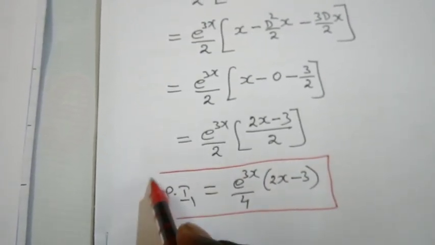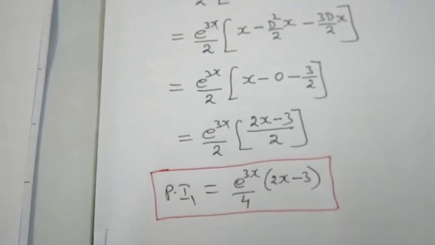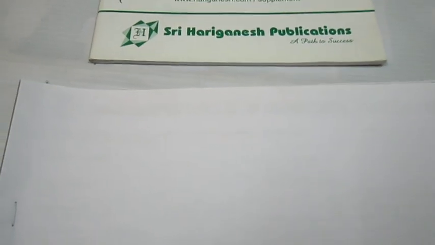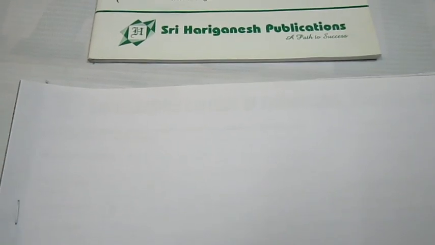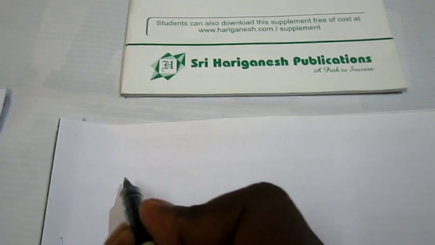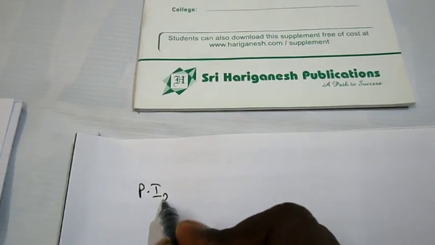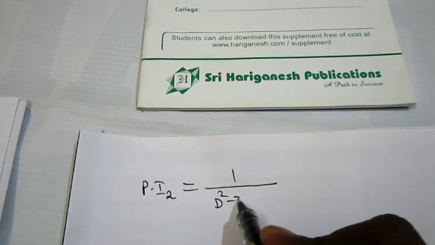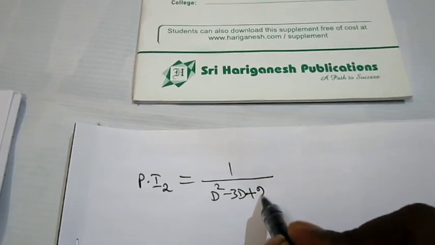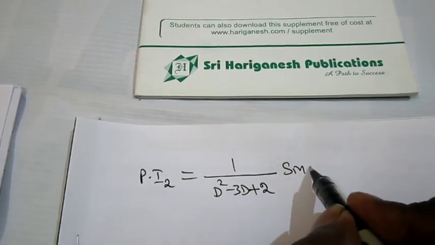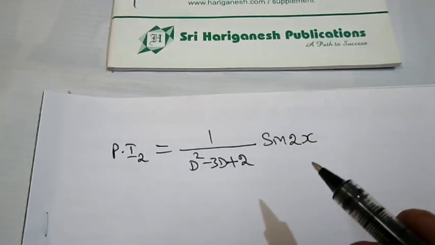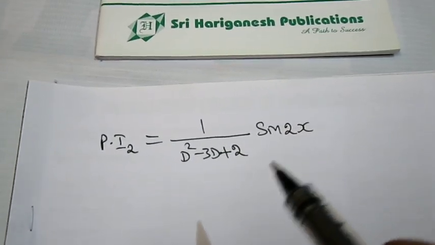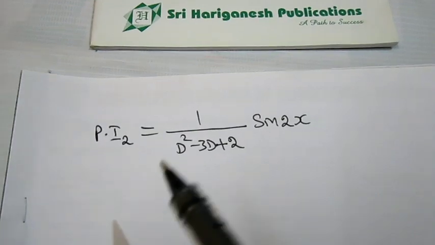So next I am going to find out particular integral 2. So PI 2 is equal to 1 by d² minus 3d plus 2 into sin 2x. So this is type 3. In this type 3 we have to replace only for d², not for d.